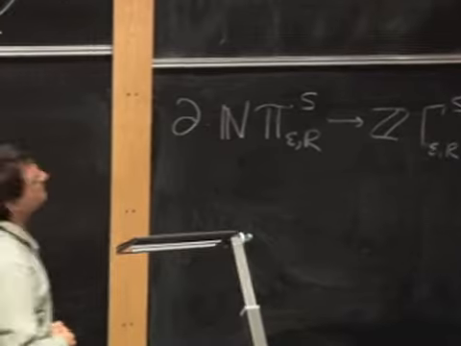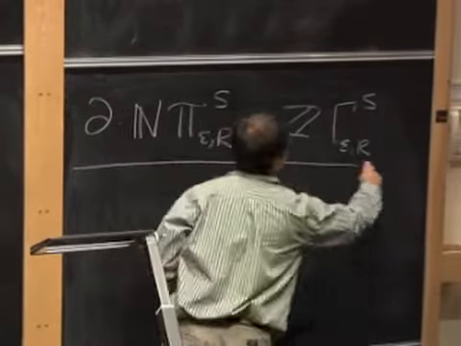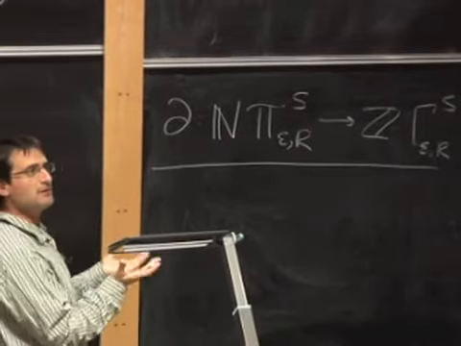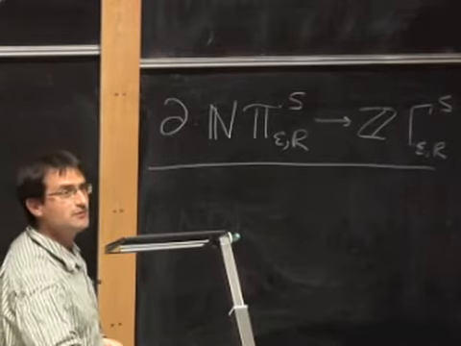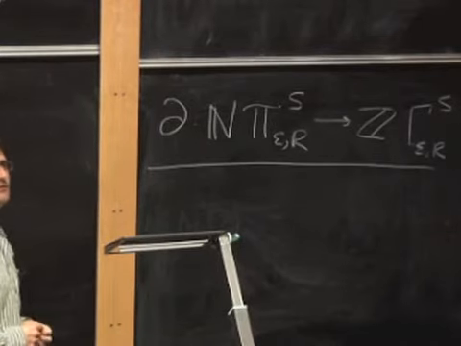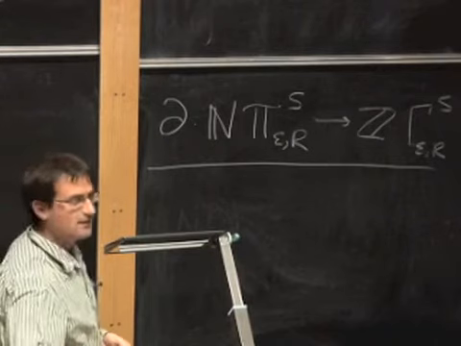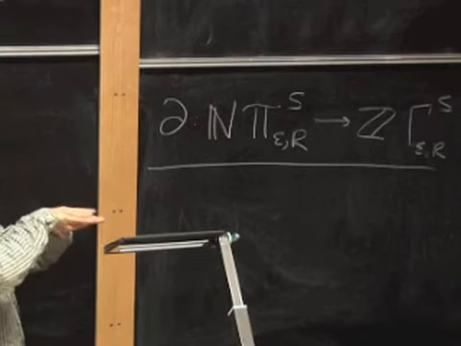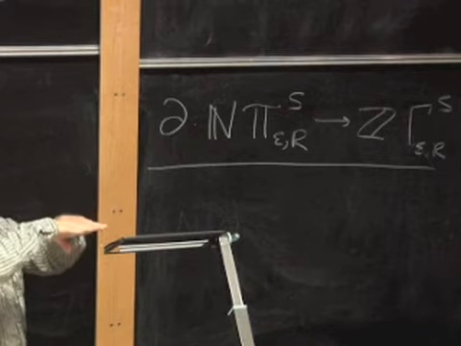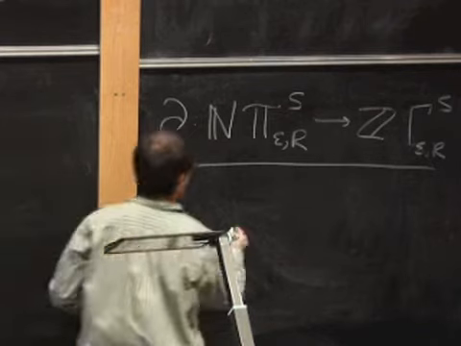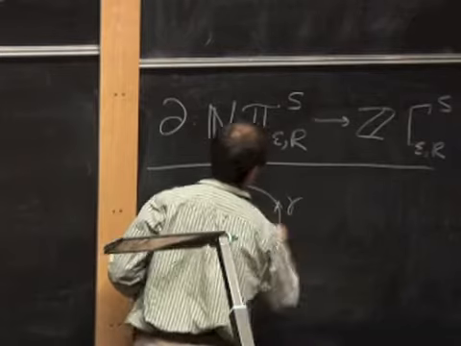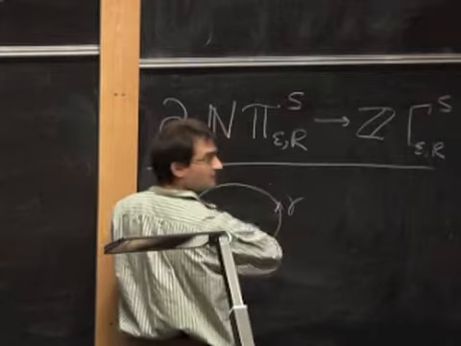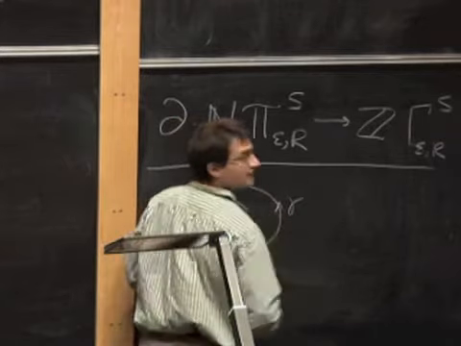And the point is that if I want to start with one of each pair of good pants, the most basic idea is to take one of each. If I take the formal algebraic boundary of the sum of good pants, that will tell me the imbalance. That will tell me how many more pants I have on one side of a geodesic than I do on the other. Because if I have some single geodesic gamma, the number of pants on this side gives me positive contributions to gamma, and the number of pants on the other side gives me a negative contribution.